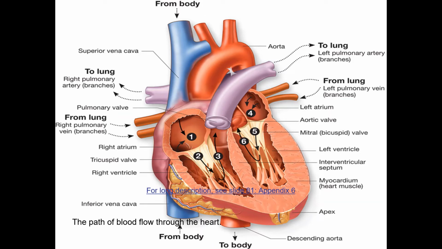From the aorta, it goes into the left and right carotid arteries, the ascending aorta, which is what you see there, and then the descending aorta, which is in the back of the heart, and then it goes to the rest of the body. From the ascending aorta, you also have a coronary artery branch that supplies the heart with blood, and it does that the very first thing because it needs that oxygenated blood.